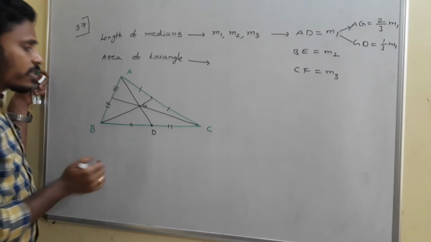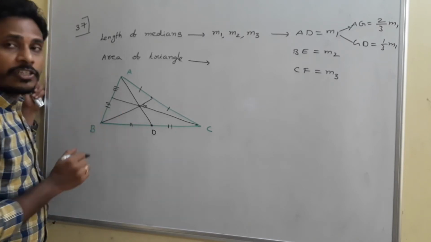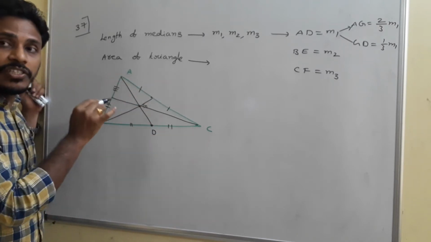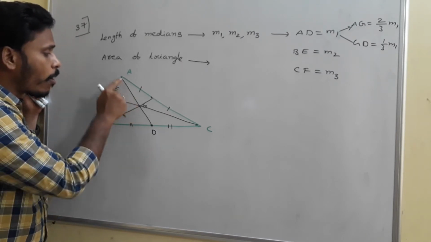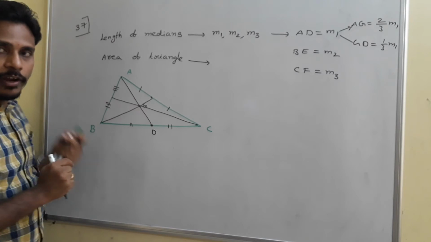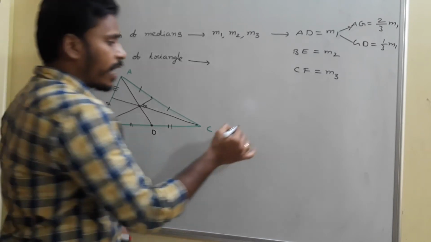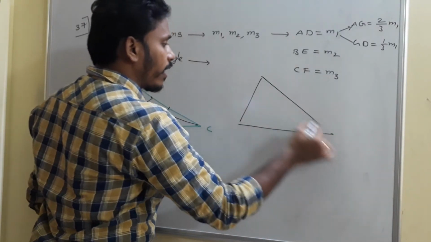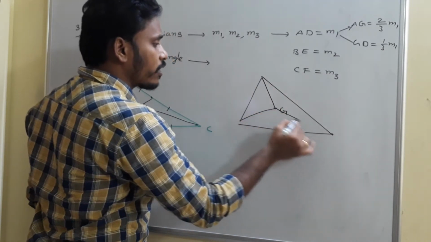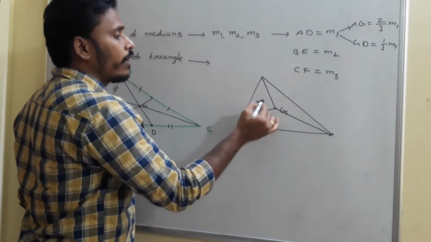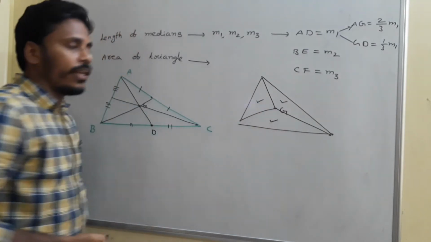Since it is the centroid, as I mentioned, the area of each triangle formed by two vertices with the centroid is 1/3 of the total area. Is it clear? If this is the triangle and this is the centroid, and you join the vertices to the centroid, these three triangles will have equal areas.